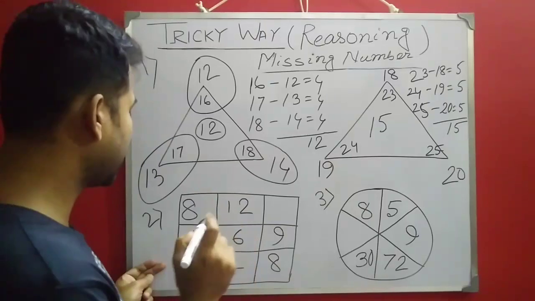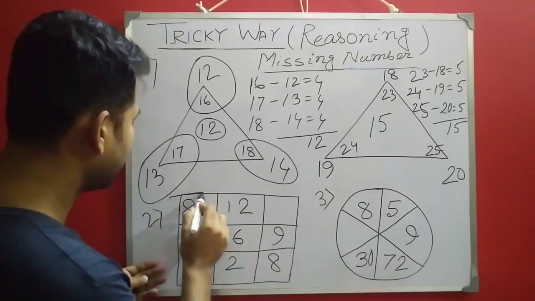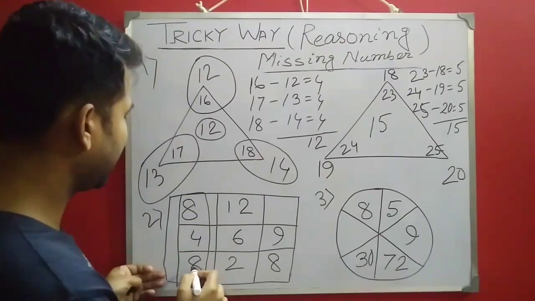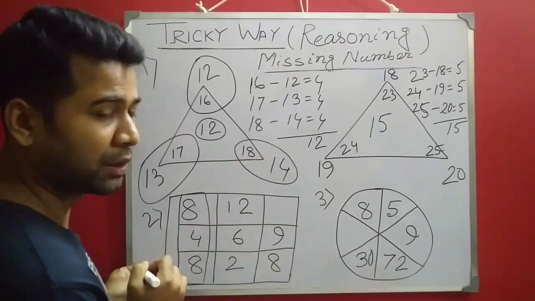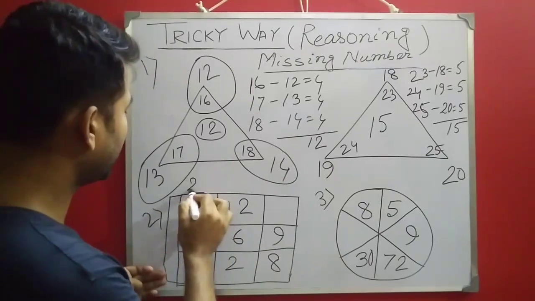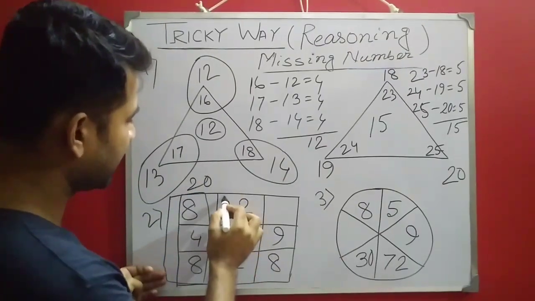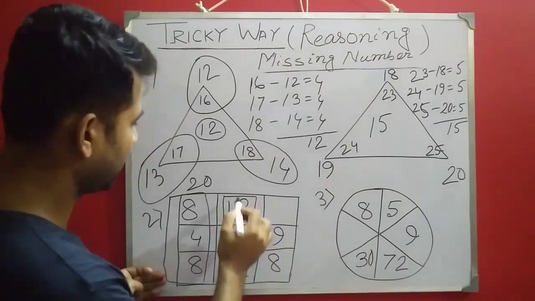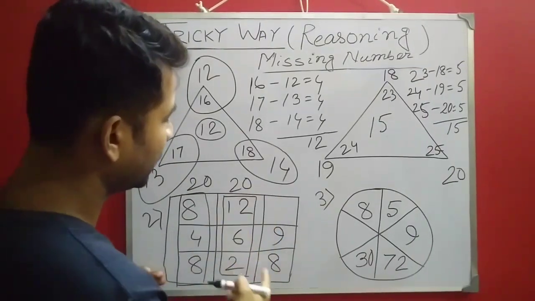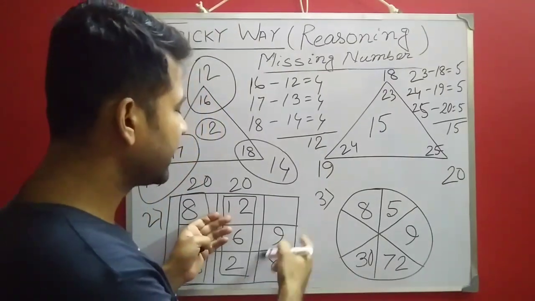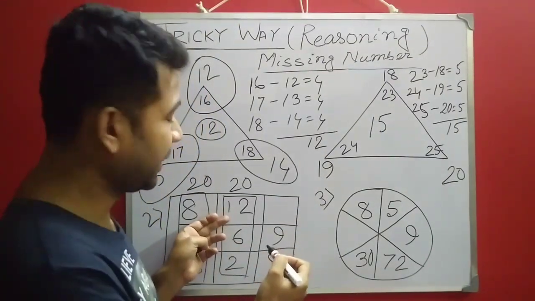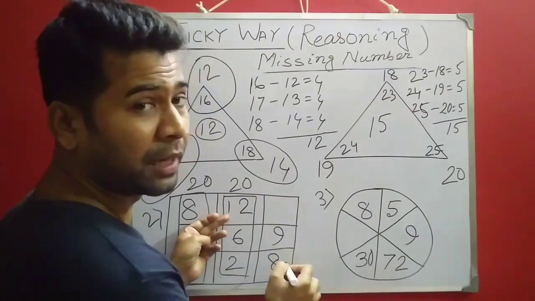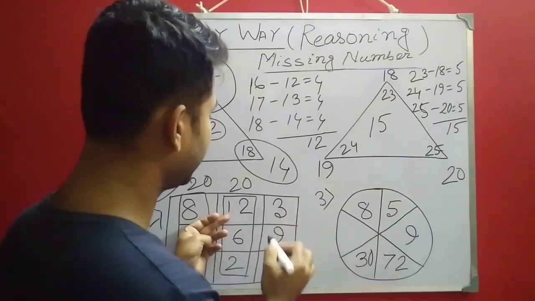The solution is to total all the values of this column, meaning 8 plus 8 plus 4 equal to 20. Similarly, this column's total value will be 20. 8 plus 9 equal to 17, so it will be 3.